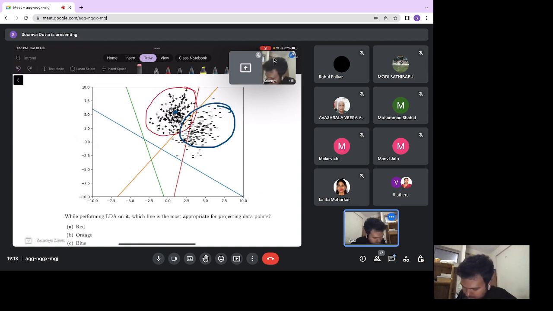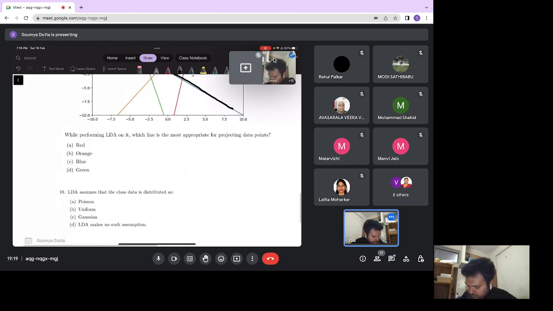The mean of this particular cluster would be here, and the mean of the other cluster would be somewhere here, and the line joining them will be like this. You see that the blue line is the one which is most parallel to this line, and therefore the option would be blue.